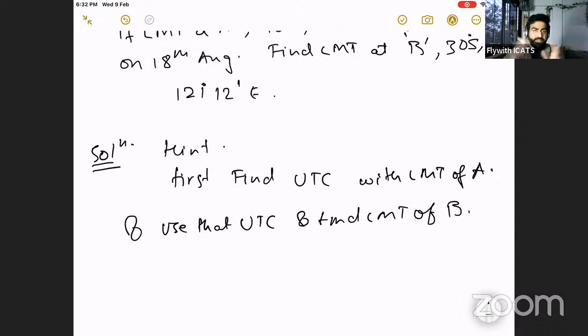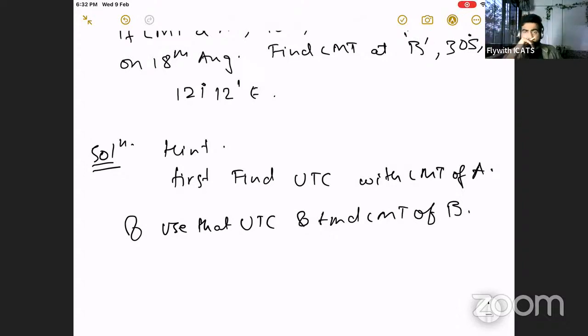It's like a combined sum in two parts. The second part, you don't have the UTC because you have to find the UTC. Simply solve using the formula for A, find out your UTC. The UTC is going to be the same for all places, right? It is not going to vary. The same UTC you will use in your formula to find LMT of B.